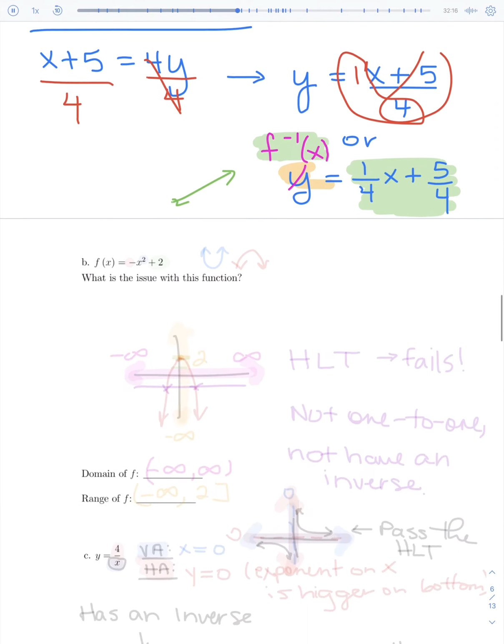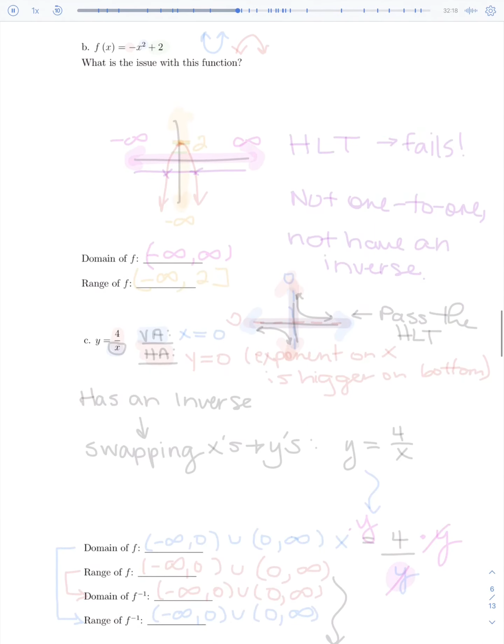In this next problem, we're going to look at the problem negative x squared plus 2. There is a small issue with this function. Remember that with the x squared graph, we have a parabola shape because of the squared. So what that means is we're looking at a U shape.